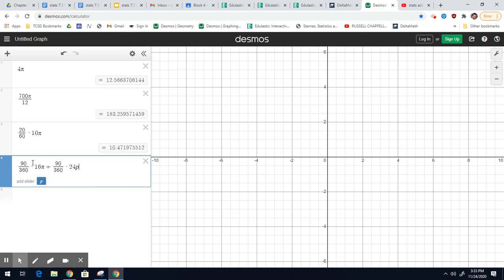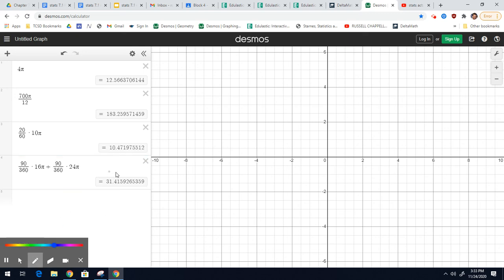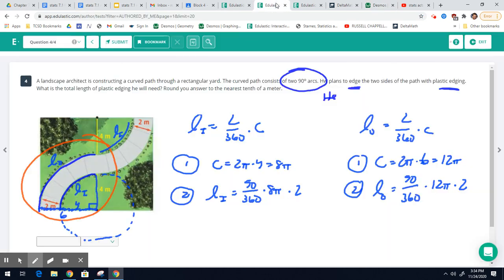That's just 24 pi. All right, and there we go. I got 31.4. It says nearest tenth, so the one leaves the four the same, 31.4, and I believe it's in meters. And that's how much I'll need to cover the entire path, top and bottom. Yeah, 31.4 meters.